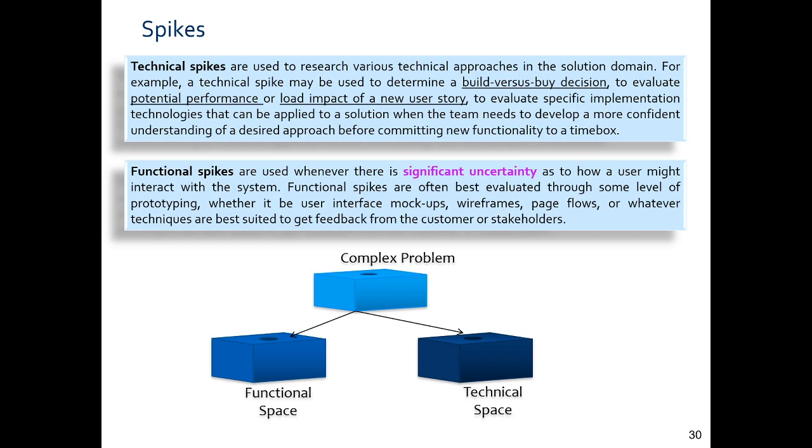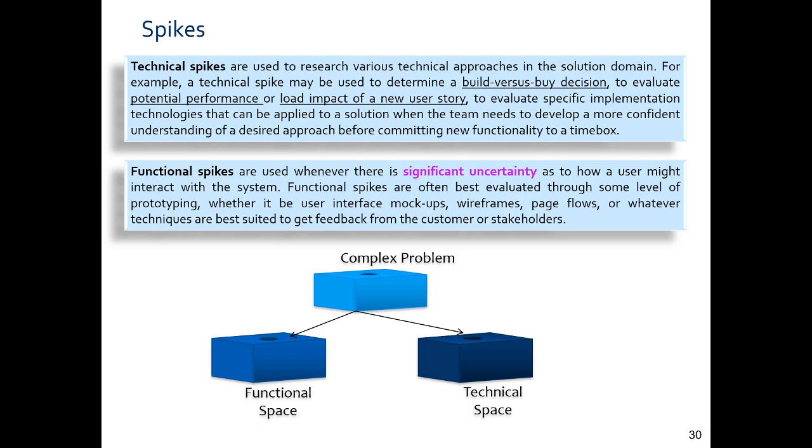If it is available, can we reuse it or can we take it from the outside world? What is the potential performance or load impact of a new user story that has been added? Just see to it that user stories will keep on being added. Likewise, change is inevitable.